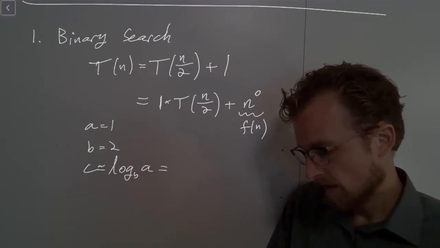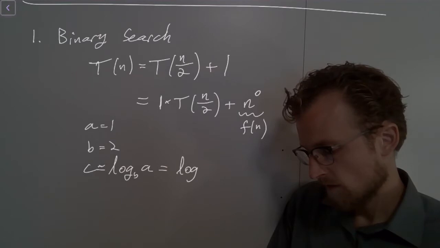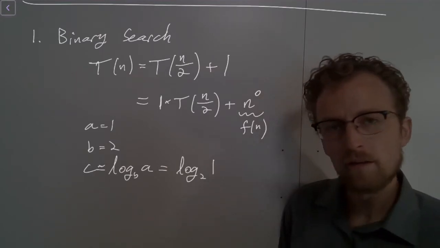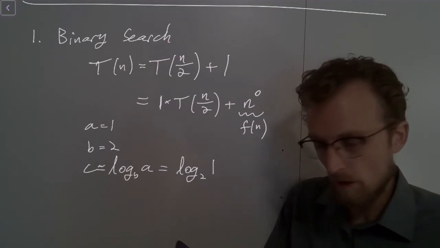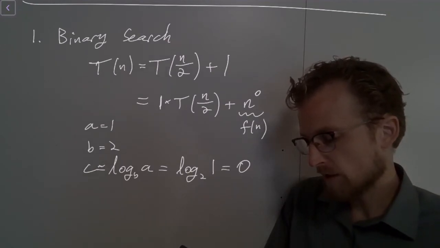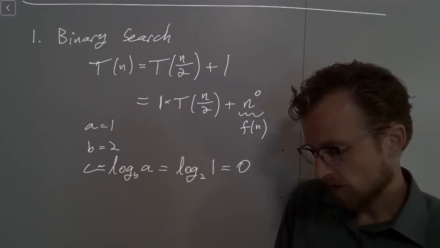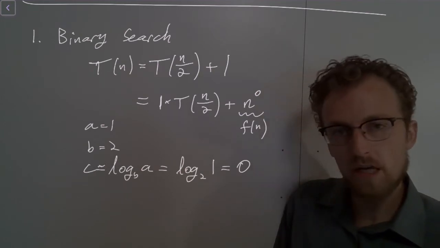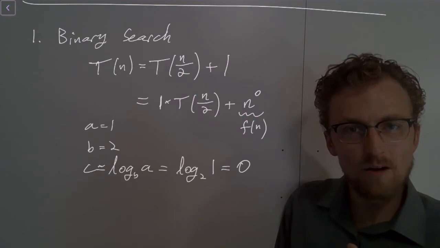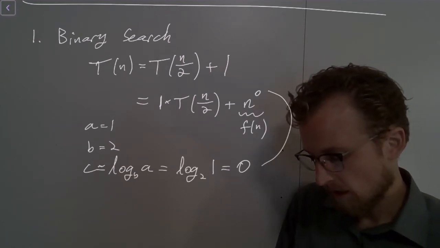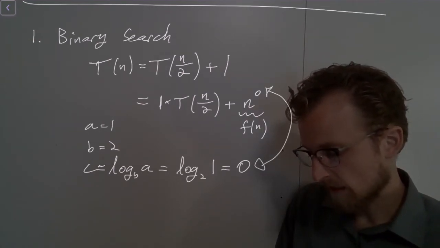Log base 2 of 1. What's the logarithm of 1? Well, in any base, it's 0. So my critical exponent is 0, which, if I'm trying to understand whether f of n is growing faster or slower than n to the c, I see that it's growing exactly the same speed as n to the c.